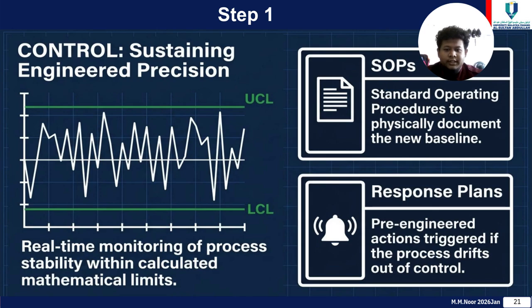To lock this in, we formalize standard operating procedures, or SOPs, to physically document the new baseline. And finally, we embed response plans. These are pre-engineered automated actions triggered immediately if a data point drifts toward a limit, catching variation before a defect is ever generated.